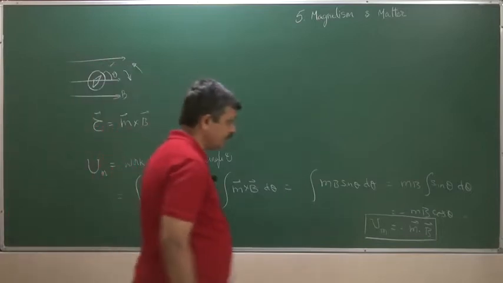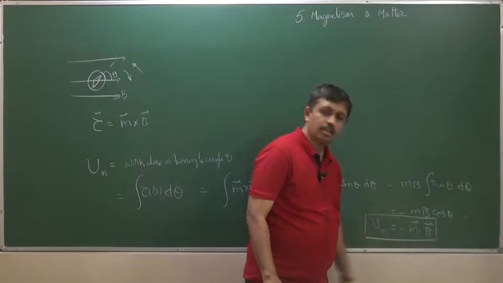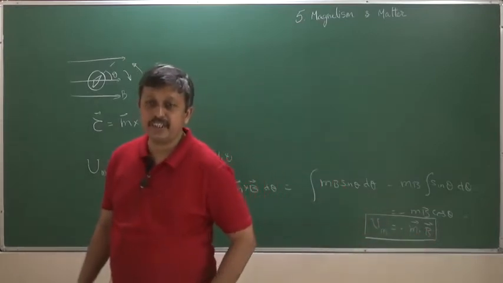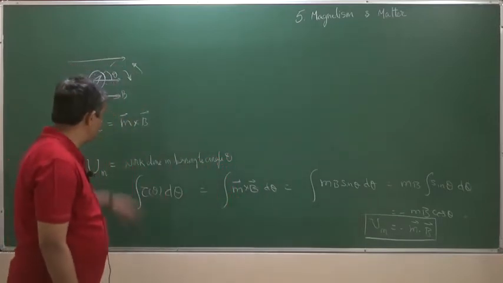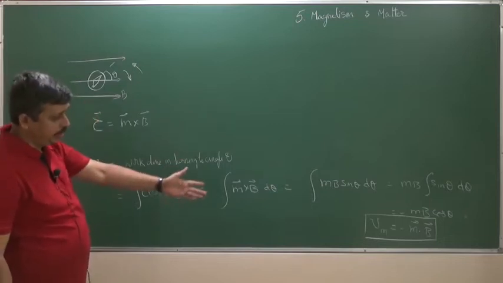Here also the work done is m dot b, that is magnetic moment dot the magnetic field. This is the energy. At any point in space, when you turn it and keep it, you can calculate its energy using that.